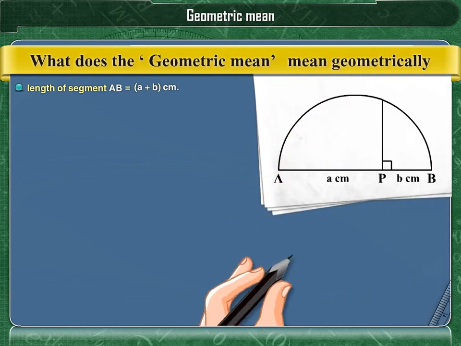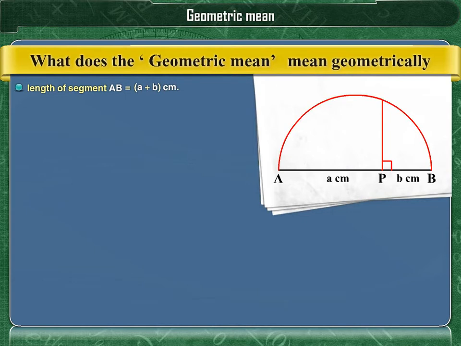Draw perpendicular at the point P to the diameter AB. Let this perpendicular line meet the semicircle at C. Join AC and BC.